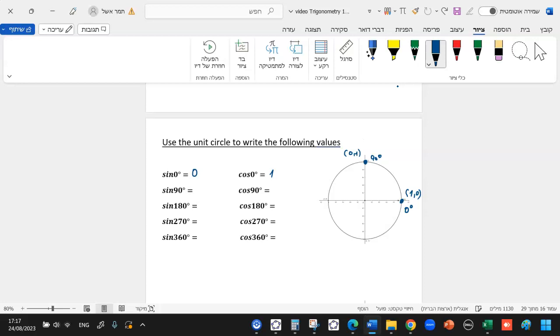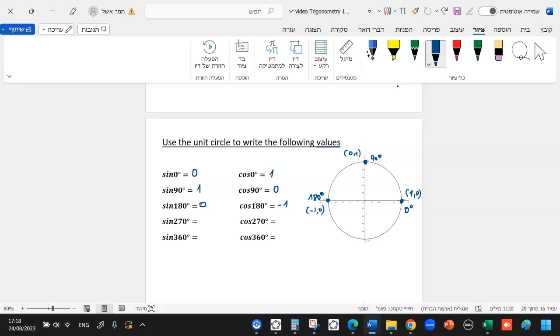So sine 90 is the y-coordinate 1, and cosine 90 is the x-coordinate 0. 180 degrees is represented here. The coordinates are -1 as x and 0 as y. So sine 180 is 0 and cosine 180 is -1.